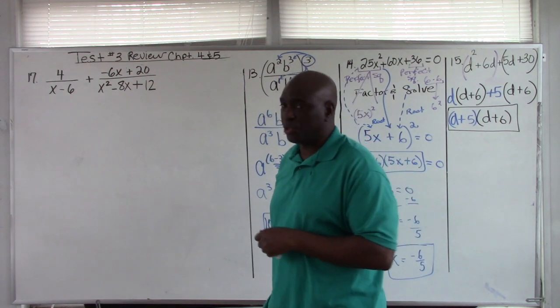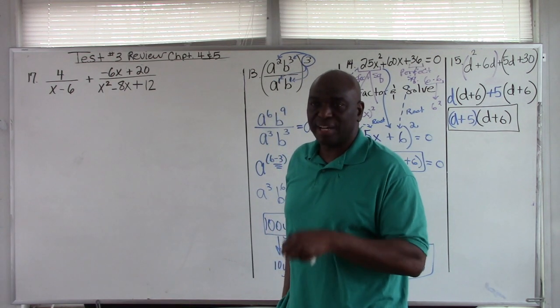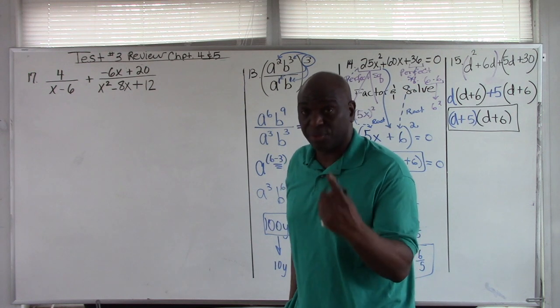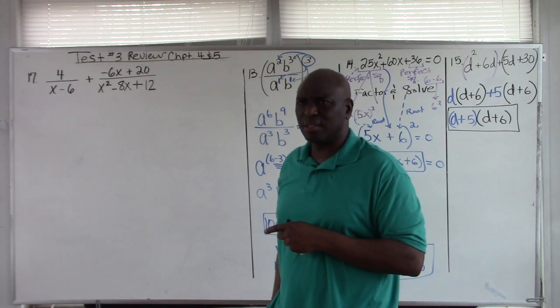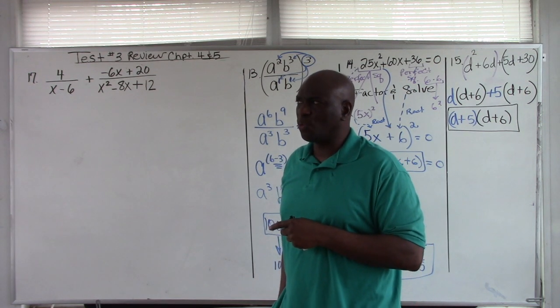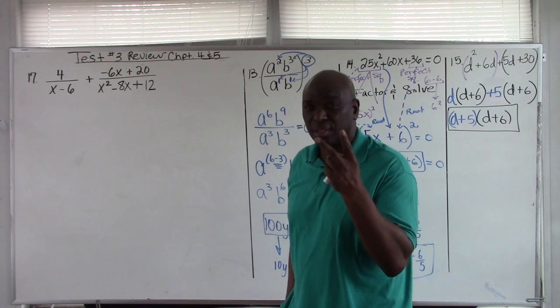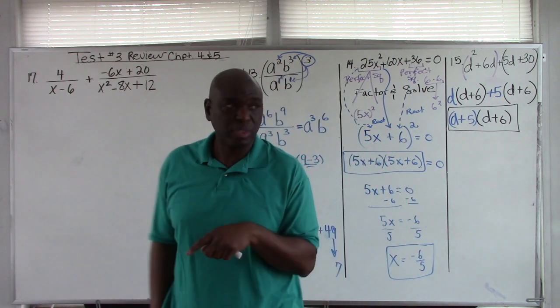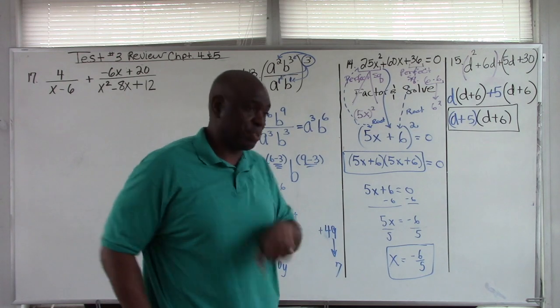So the first thing we want to do is make sure we have all of our denominators factored. Okay, this is lesson 5.2, I think. Make sure you have all your denominators factored. Let's do that.